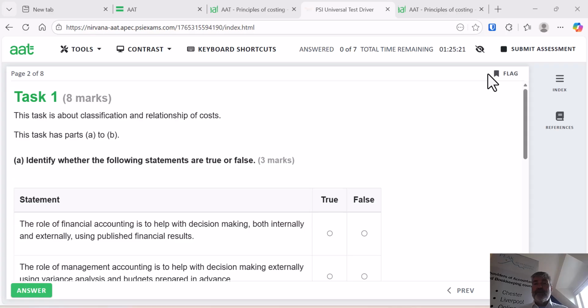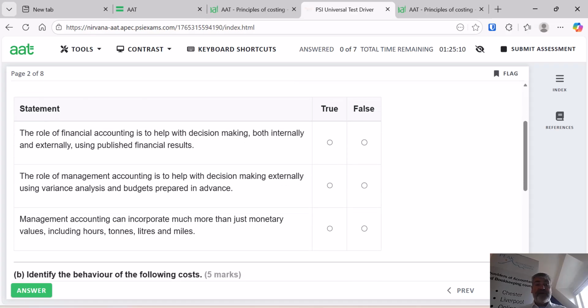Each task is made up of multiple requirements, and we start off with a true or false sequence. This true or false sequence is about making sure that we understand the role of financial accounting and management accounting.